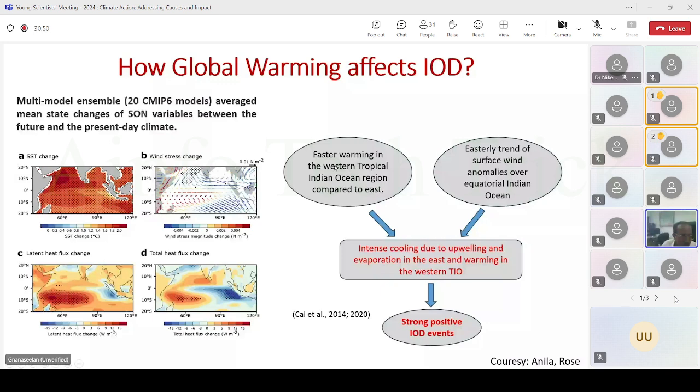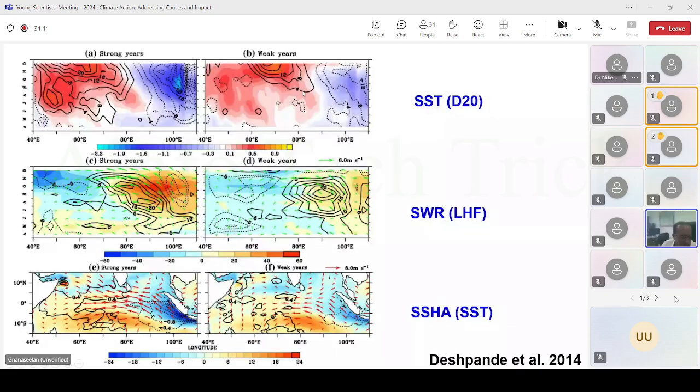You see there are large changes in the wave patterns, the ocean dynamics, in the strong and weak IODs. Similarly, you can also see similar things in the forcing, like shortwave radiation, latent flux, or the wind patterns.